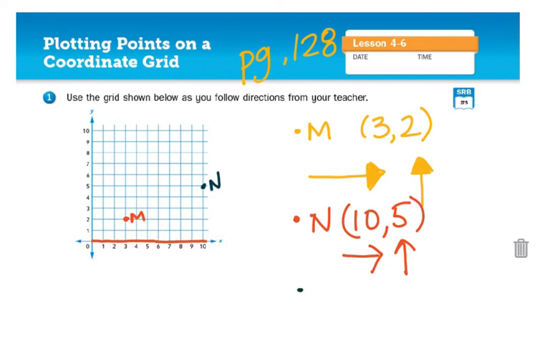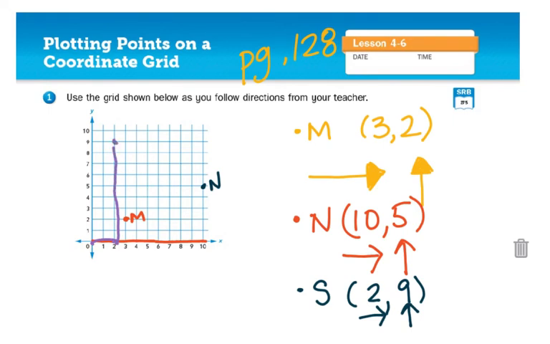Then let's put the letter S, and let's call that 2, 9. Remember, you move the ladder over before you move it up. So over 2 and up 9. So over 2, up 9.